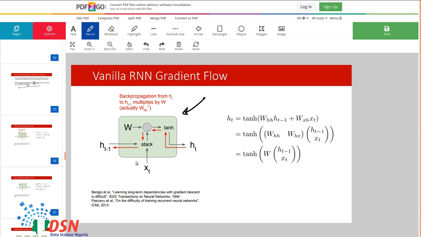Here, as you could see, we have x of t and the previous hidden state, and we stack them together and then multiply them by W, which is the stack of W_hh, related to the hidden state, and W_xh, related to the input, and then apply tanh, the hyperbolic tangent, to get the current hidden state.